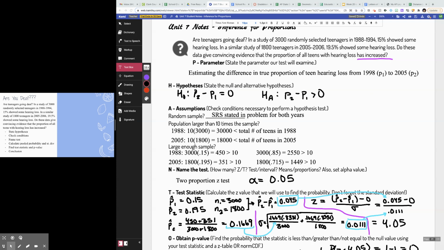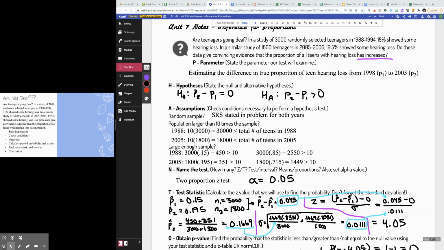All right, folks, so go ahead and check your answers against mine. In this problem, we are estimating the difference in true proportion of teen hearing loss from 1998 to 2005. I labeled 98 as P1 and 2005 as P2. So we're trying to figure out if hearing loss has increased.